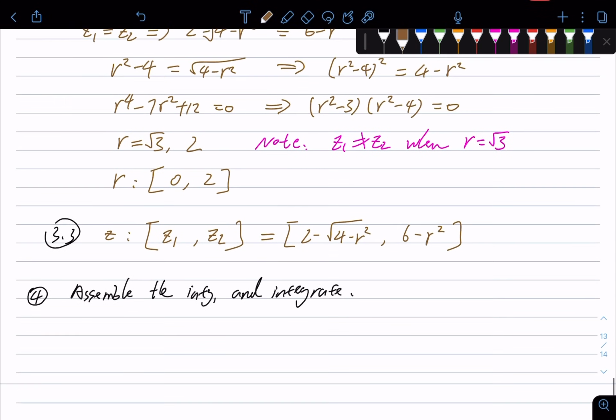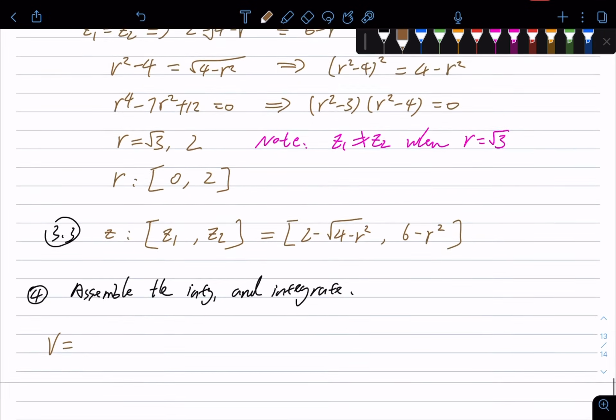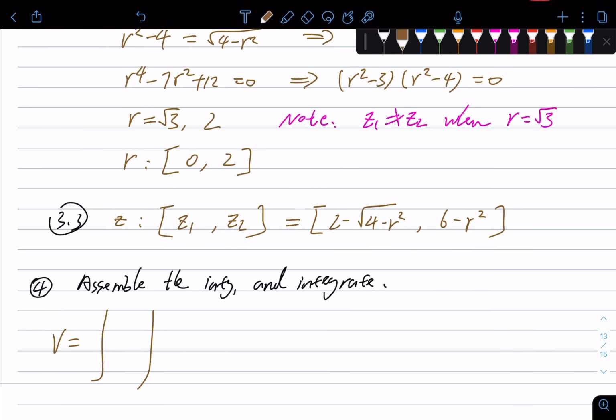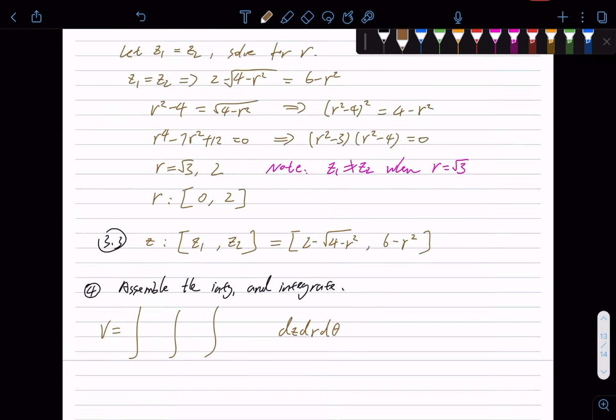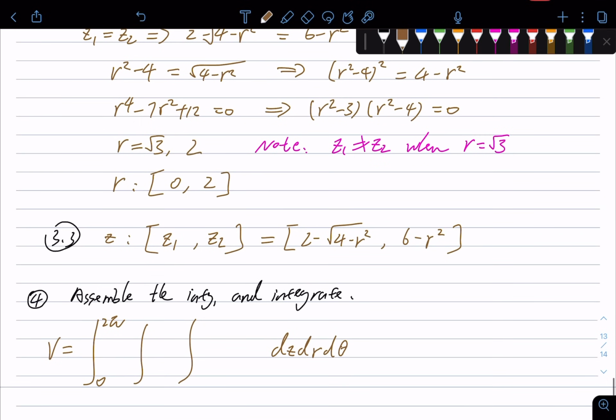So now we're going to have volume equals the integral of dz dr d theta. For theta, as we discussed before, it is from 0 to 2 pi, and for r it is 0 to 2, and for z it is 2 minus the square root of 4 minus r squared, and then 6 minus r squared, and the integrand is just 1.